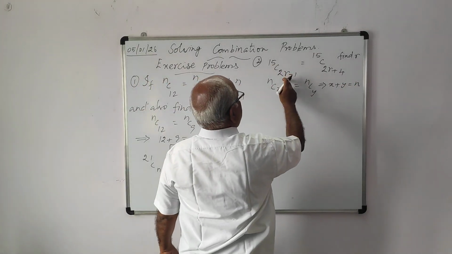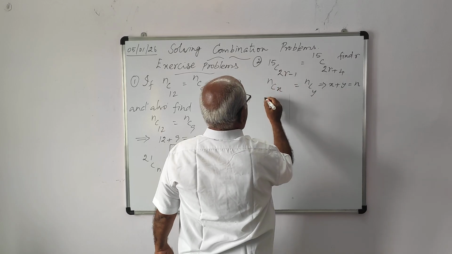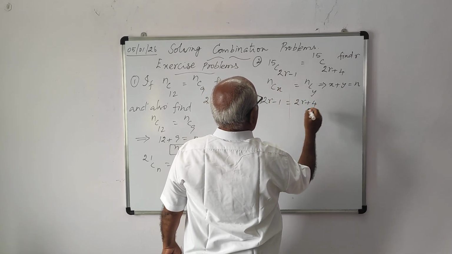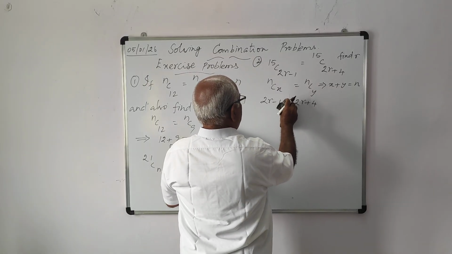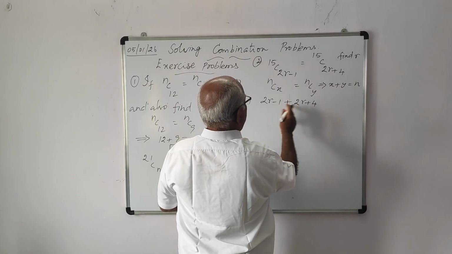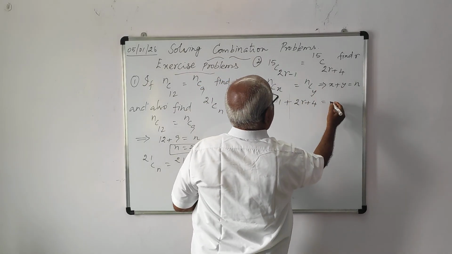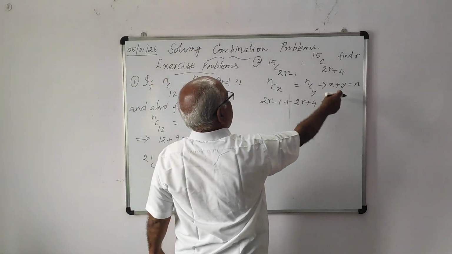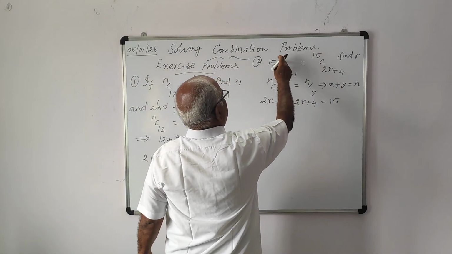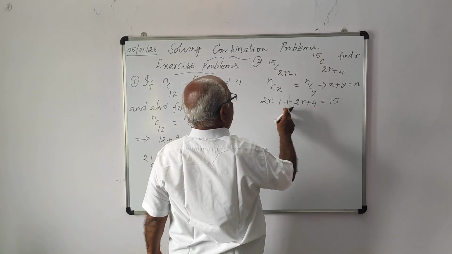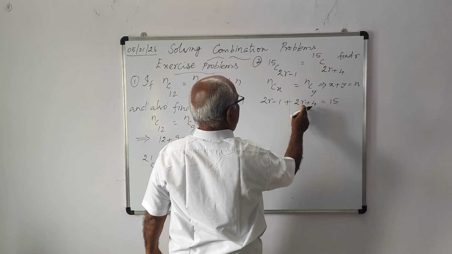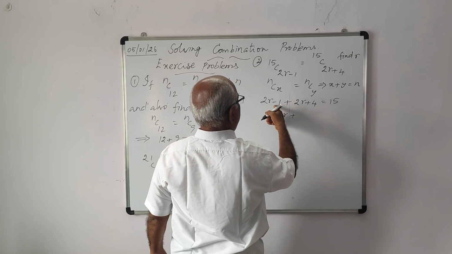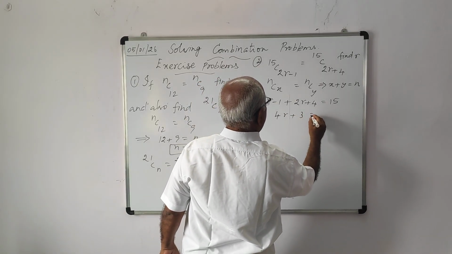The nCx equal to nCy, so x plus y equal to n. Here x plus y is (2r minus 1) plus (2r plus 4) equal to n, which is 15. So 2r plus 2r is 4r, plus 4 minus 1 is 3, equal to 15.